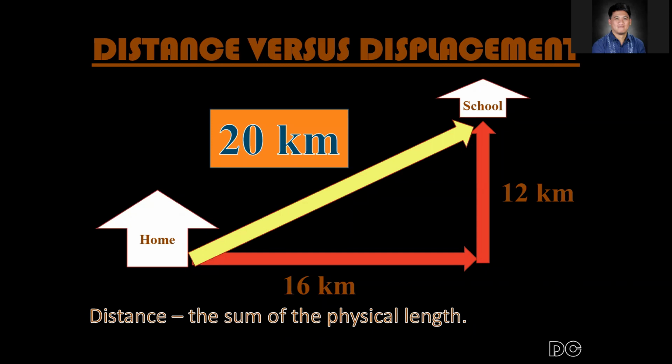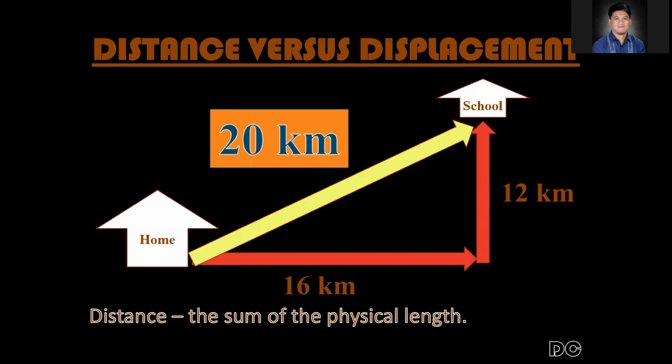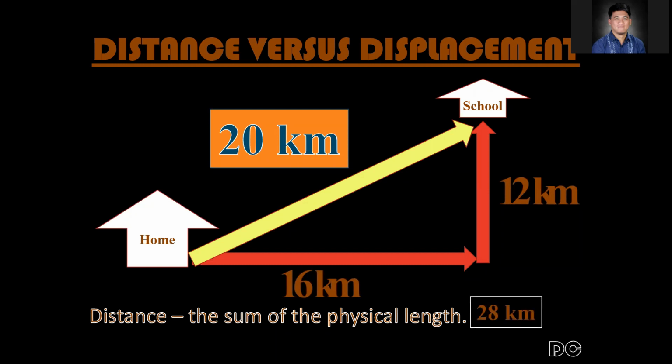For example, in this case, the distance is the combination or the sum of 16 kilometers and 12 kilometers, and that is equal to 28 kilometers.